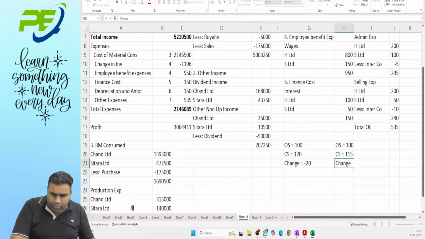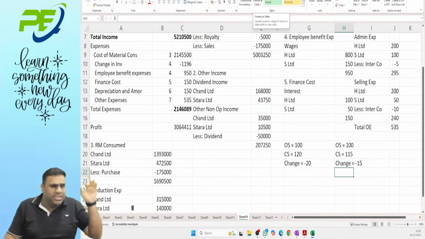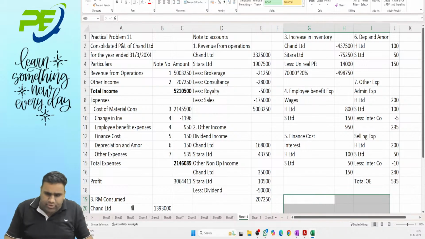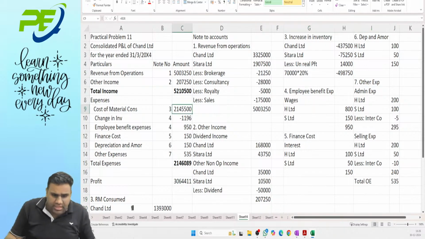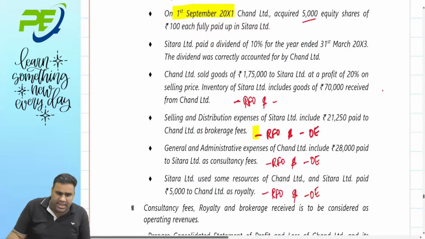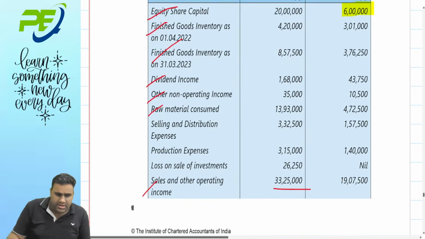So change is now minus 15. So this amount will reduce, and here I have to reduce the unrealized profit. It is minus 498 750 changes in inventory. So these two are also adjusted.